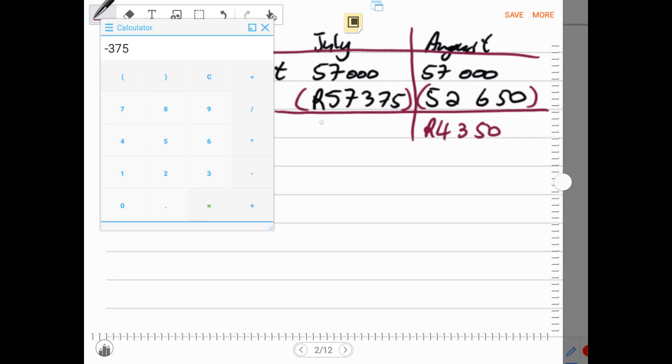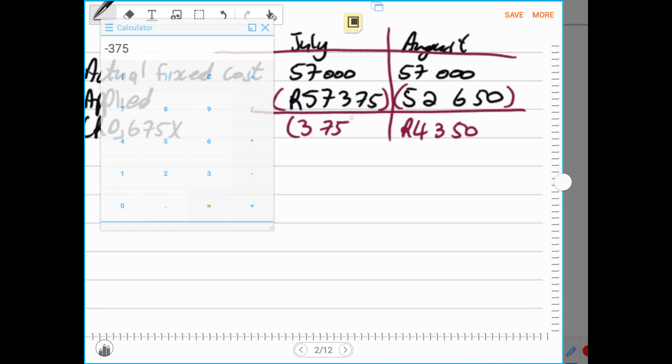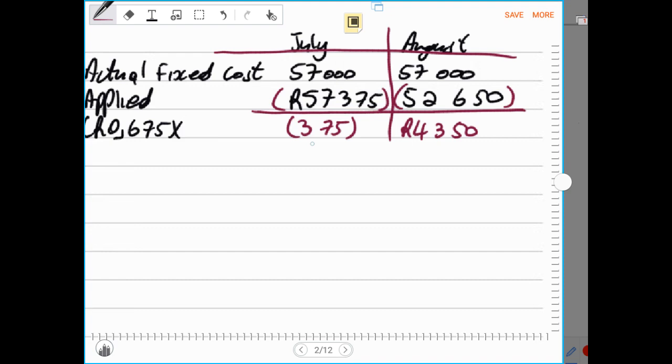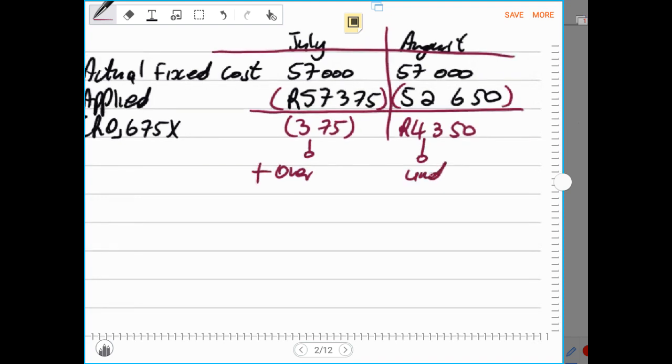Then it will be 375. Obviously here we have over applied. This is over, this is under. This will be a minus, this will be a plus. This is overestimation and this is underestimation.